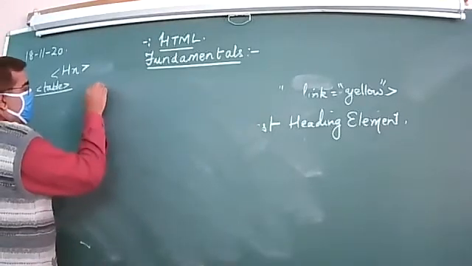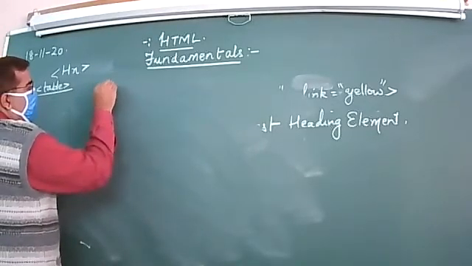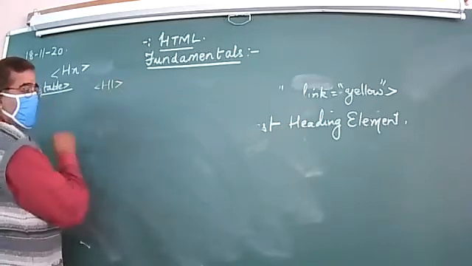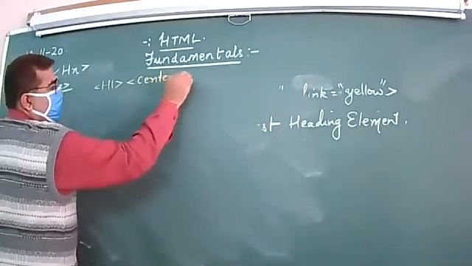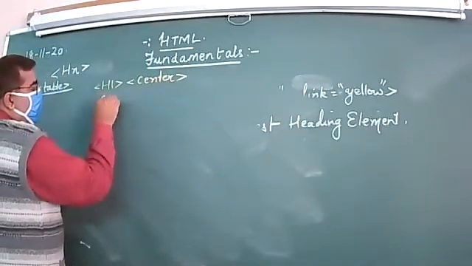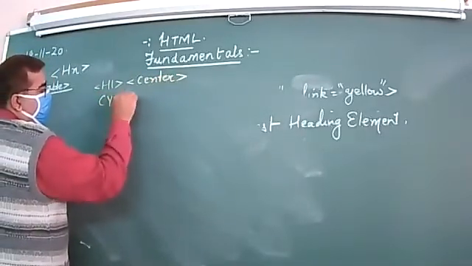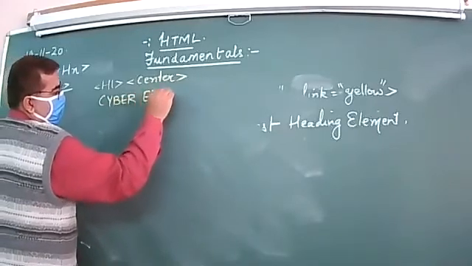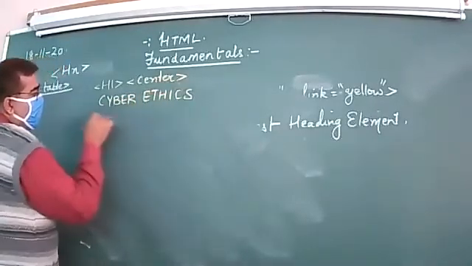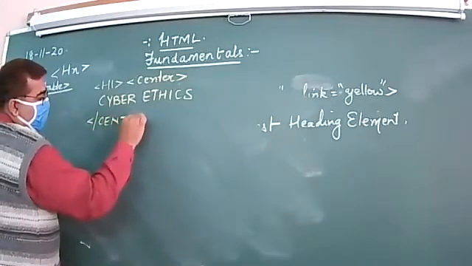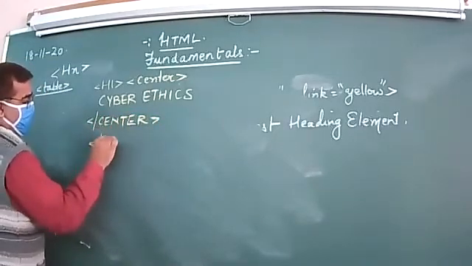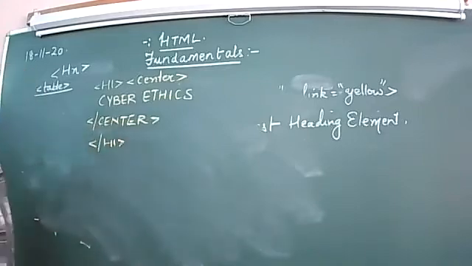So the first option is you take the H1 tag, you take the center tag separately, and you write your heading and you close the center tag. Finally, you close the heading element tag.